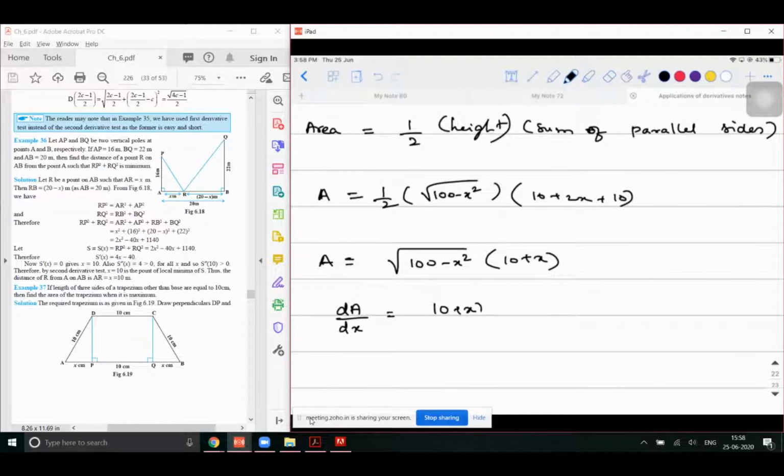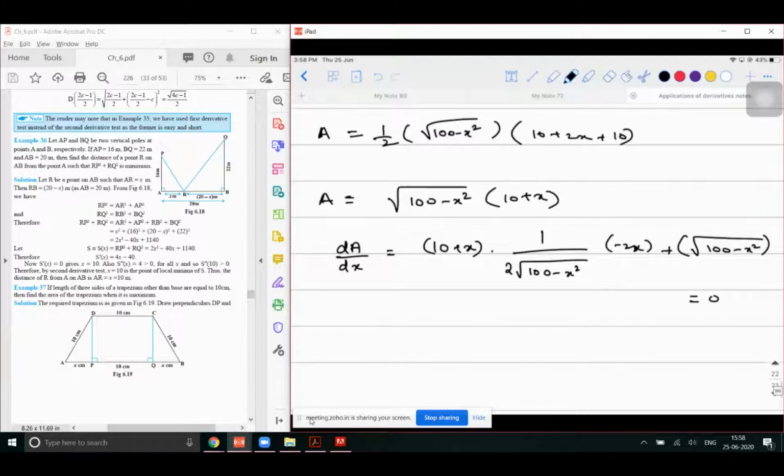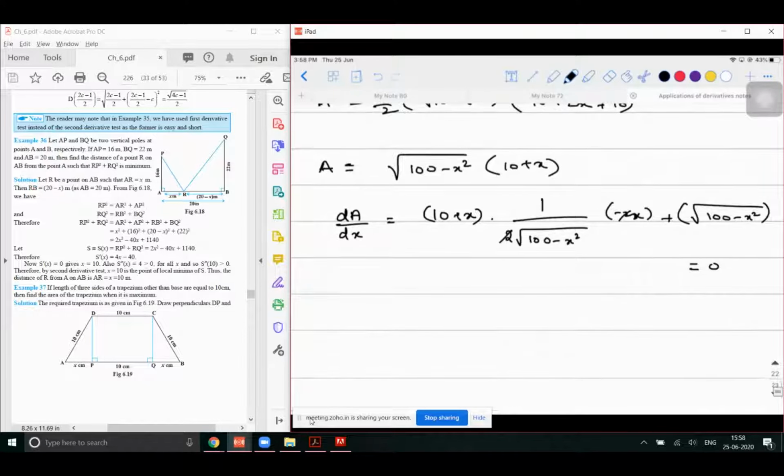So 10 plus x into 1 by 2 root of 100 minus x square into minus 2x, plus root of 100 minus x square into 1, that is equal to 0. So 2 and 2 will get cancelled.